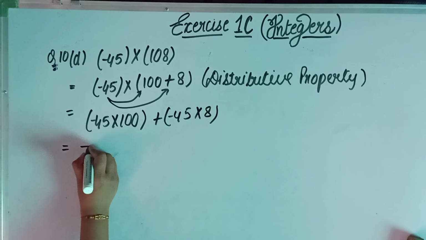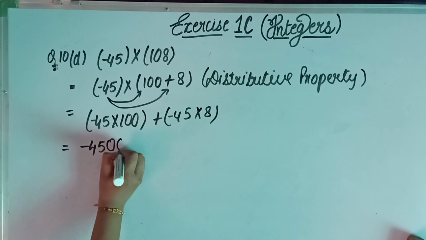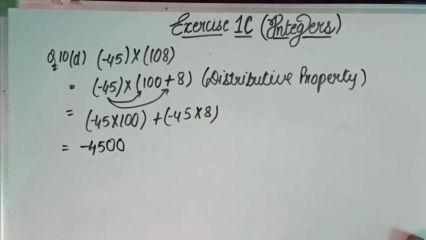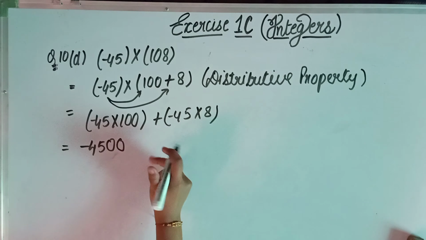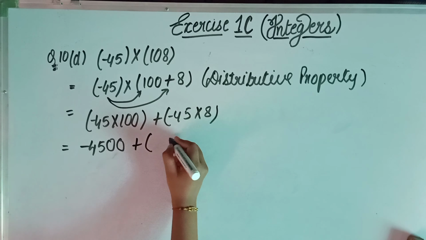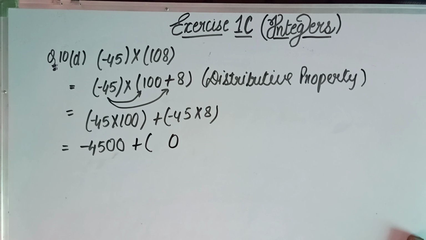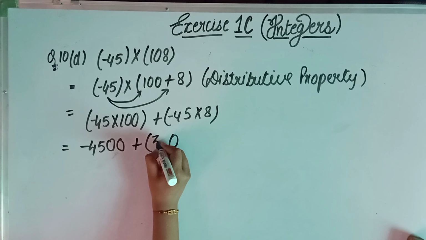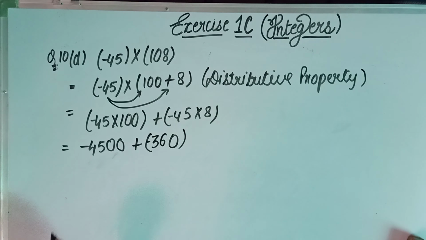After multiplying this we will get 4500. And then we need to multiply it by this. So 5 8s are 40. Here we have 360 along with the minus sign.